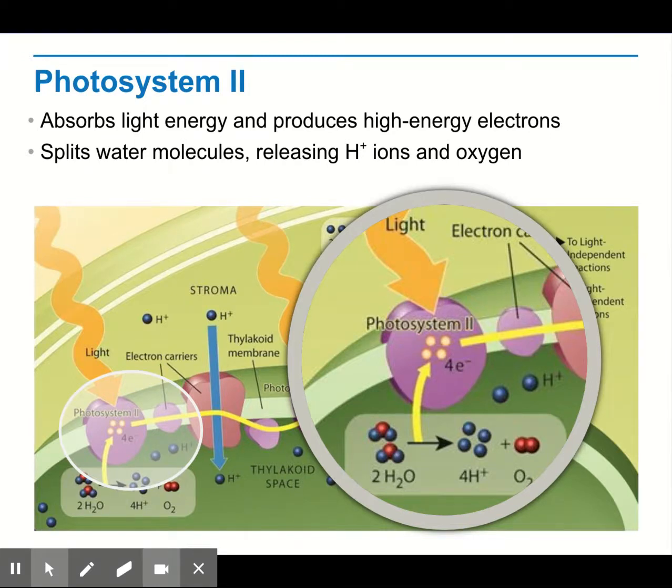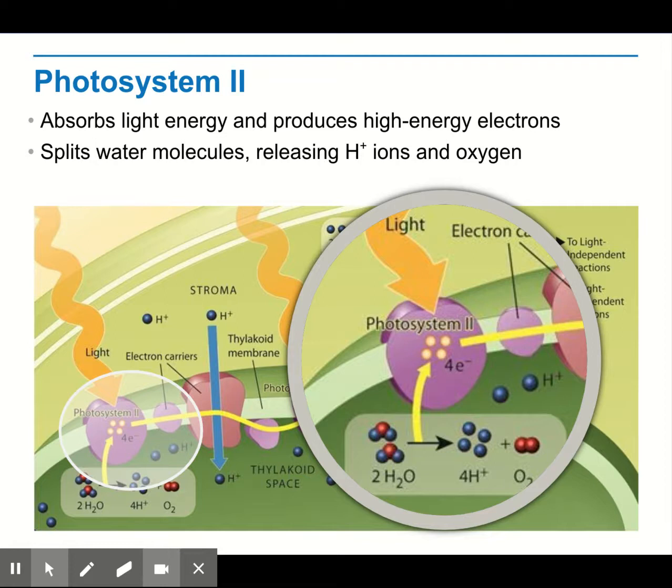When the chlorophyll absorbs energy from light, it adds that energy to the electrons and it makes the electrons super high energy. So you can imagine they're super excited and they're ready to move, ready to transfer their energy. And so they enter into what we call the electron transport chain, which is just a series of electron carriers. This yellow line is showing us that electrons start to flow along the electron transport chain.